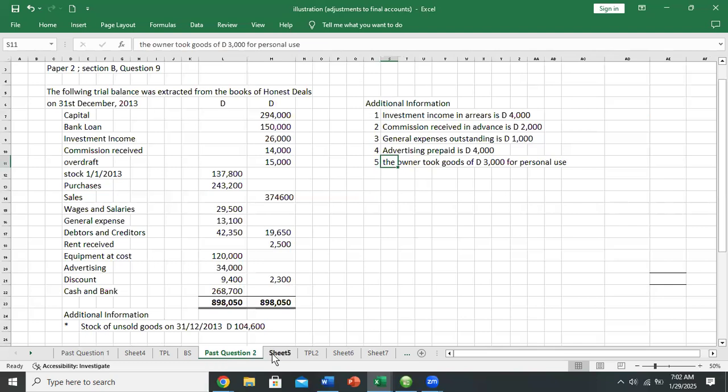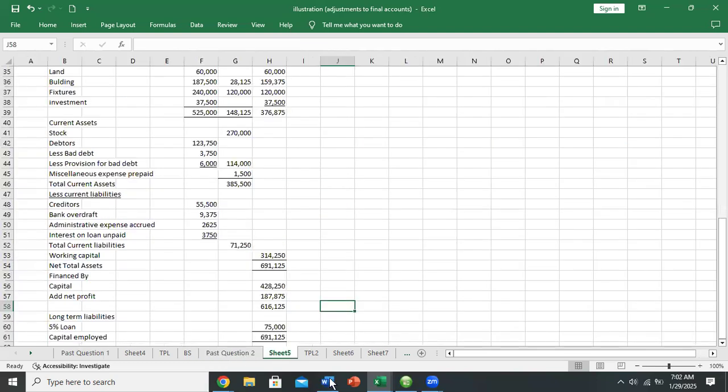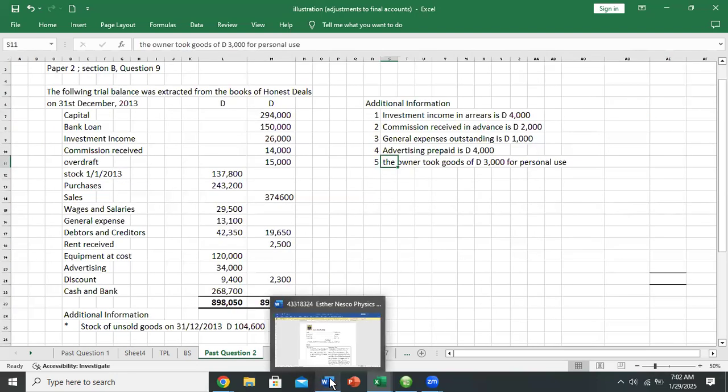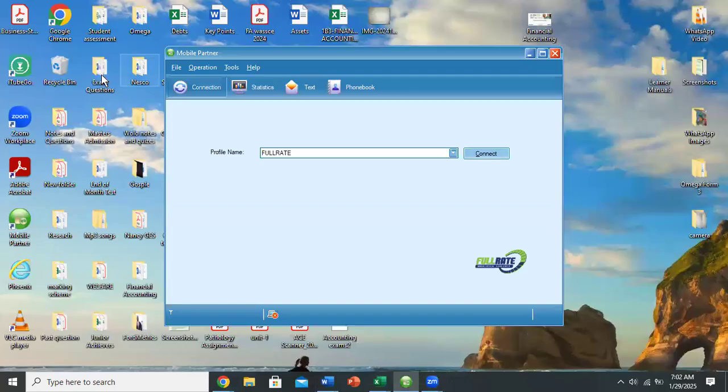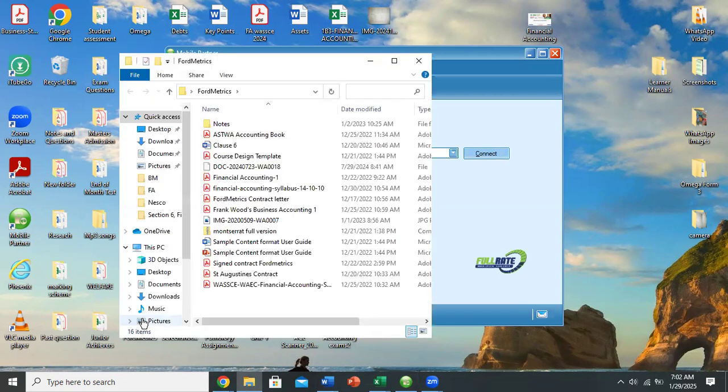So at least you appreciate how questions can be asked around it. So let me get one question where we have provision for bad debt, and then we'll apply this same old versus new and see whether we can determine the increase or the decrease in the provision.